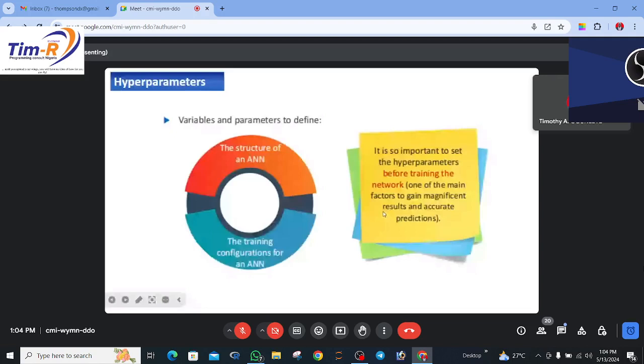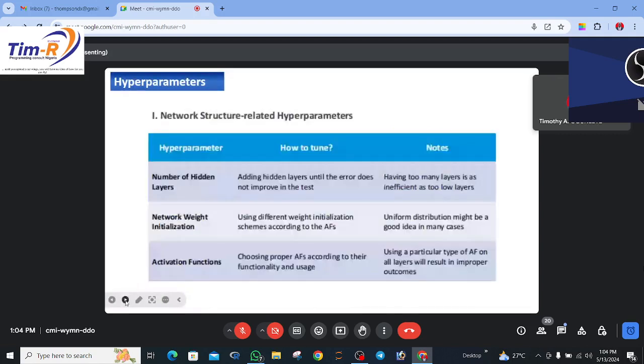So these are the parameters that we need. Still under hyperparameters, the first thing we need to consider is the network structure. Under it, we have the number of hidden layers, network weight initialization, and activation functions. Now, the question is how to tune the number of hidden layers.